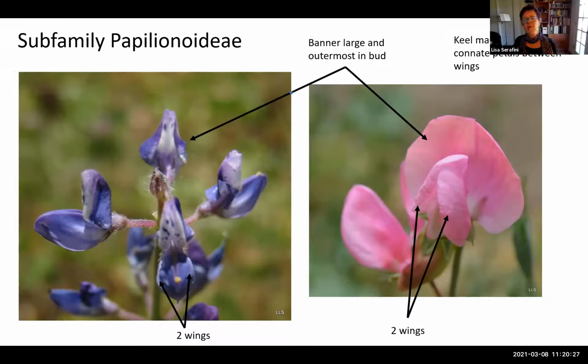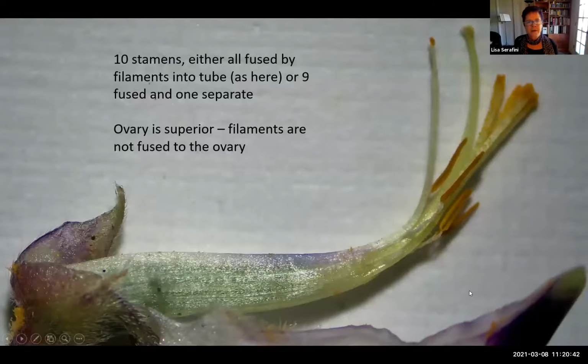And then we're going to have 2 fused petals to make what's called the keel, 2 connate petals. And you can see a little bit of the keel right here. It's between the wings, so it's going straight out the front of the flower. And so I've taken the keel down. It's down here. We'll get another view of it in just a moment.